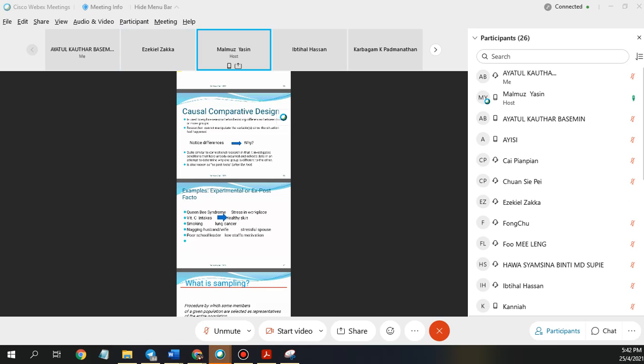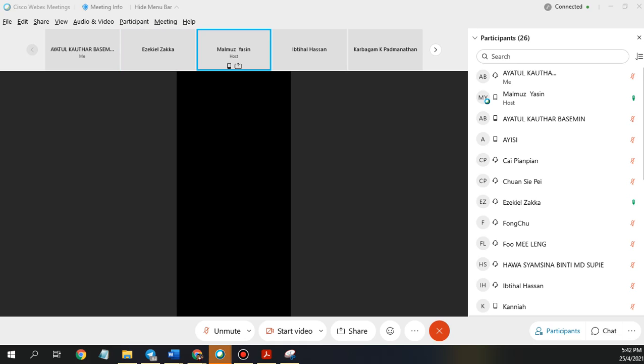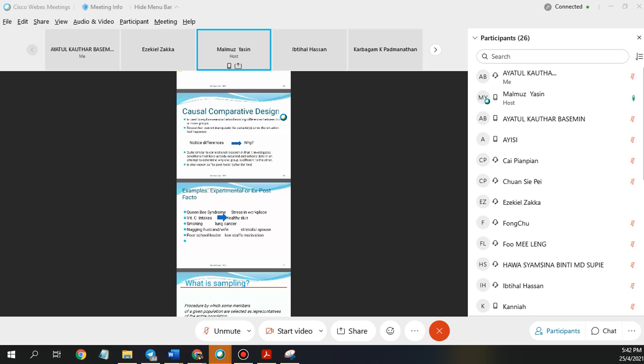So maybe that one is experimental, but as a student in the medical field, if you give a lot of cigarettes and people smoke until they get lung cancer, it's very unethical. So it's ex post facto.